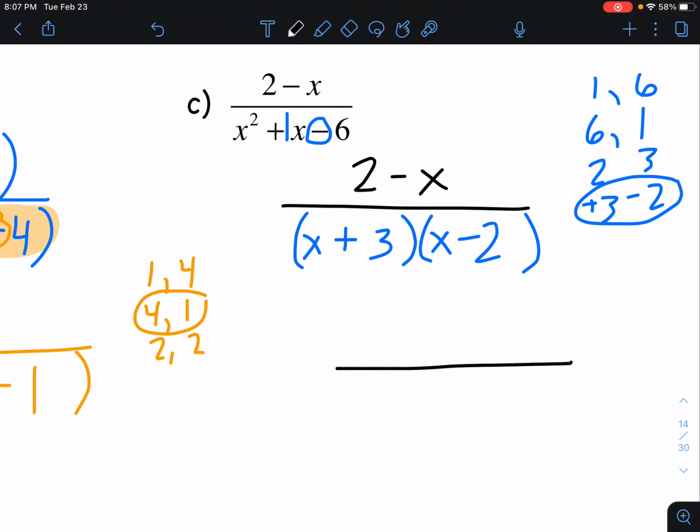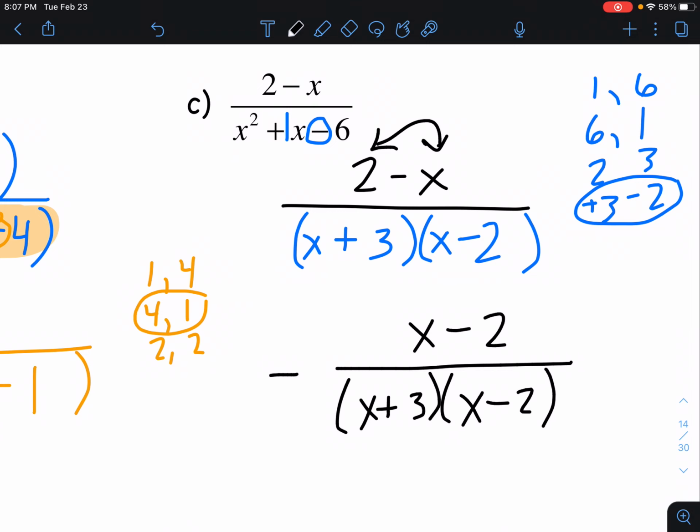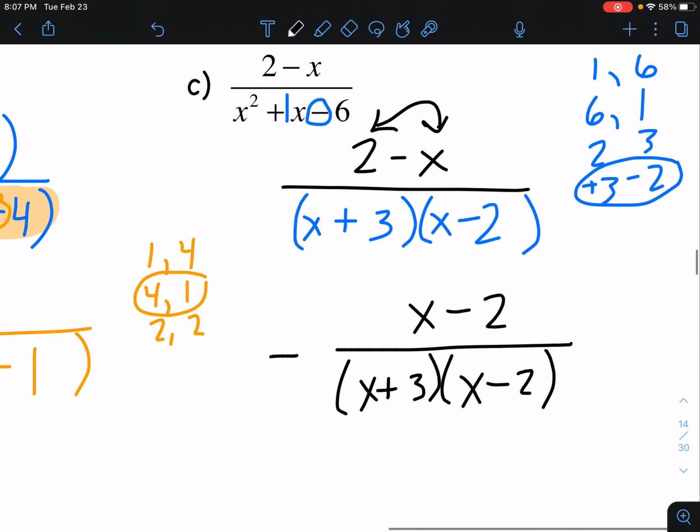So the trick is, let's write our fraction. We can turn this guy around to an x minus 2. However, what we have to do is put a negative in front of the fraction. So to turn a binomial around that has a minus sign, you need to put a negative in front of the fraction.